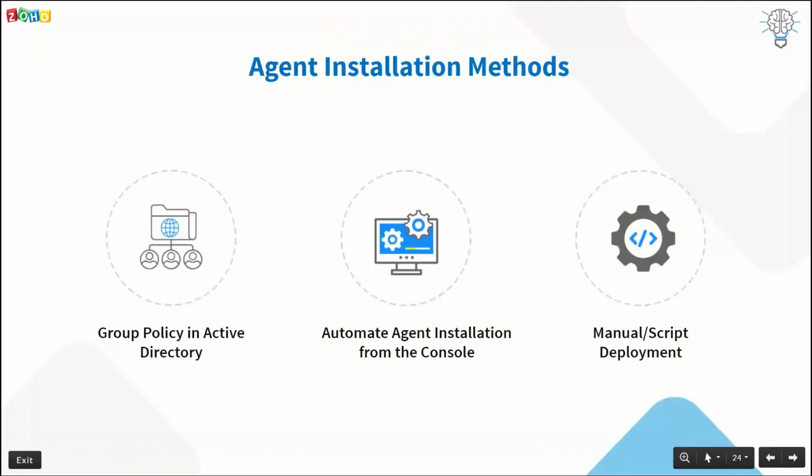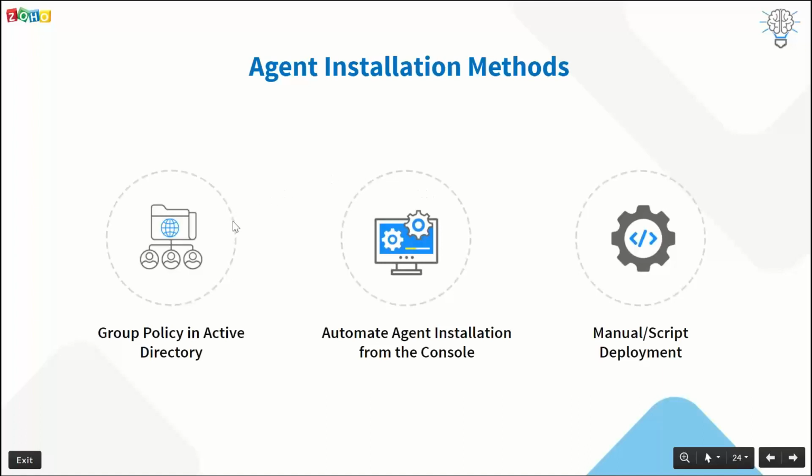Moving on, since Desktop Central works on a server-client model, agents need to be installed on the endpoints that you wish to manage. So this can be done in 3 ways. First and easiest method is to automate the agent installation process. By this, you can silently push the agents to the computers managed using Desktop Central from the Desktop Central console itself.